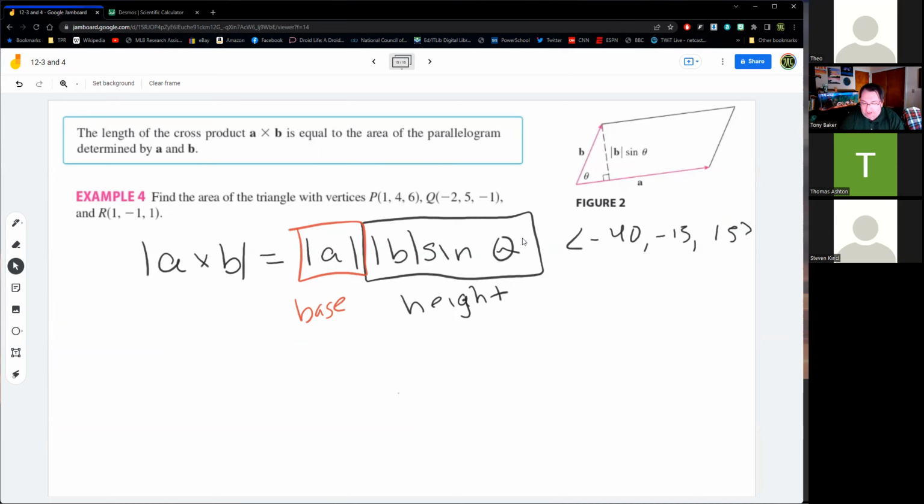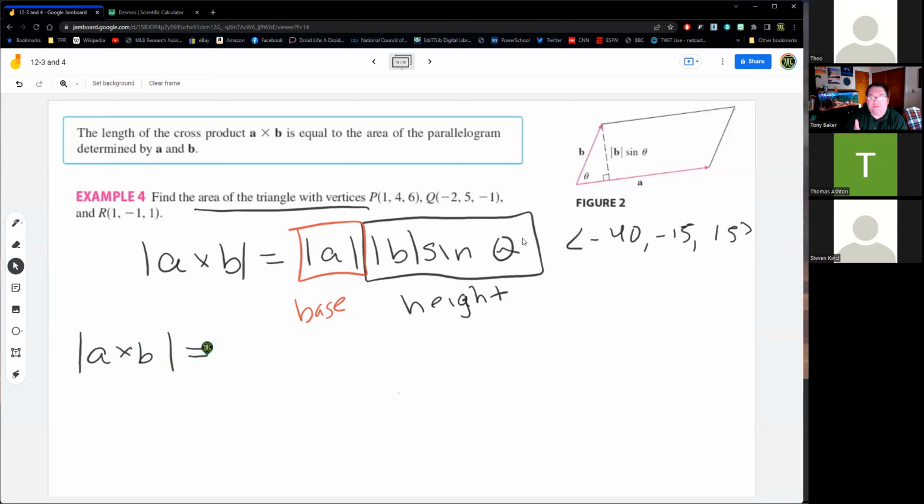So to find the area, I want the area of a triangle. I'm going to find the area of the parallelogram and do what to it? How would I find the area of a triangle if I have the parallelogram?